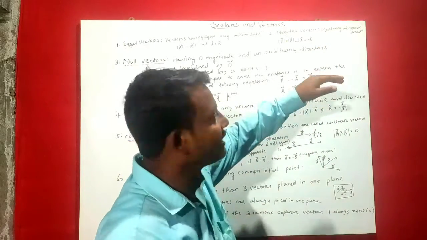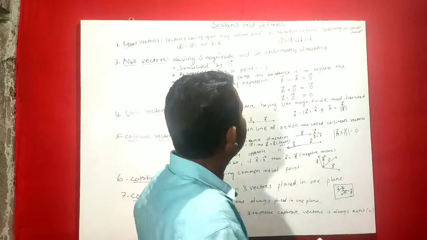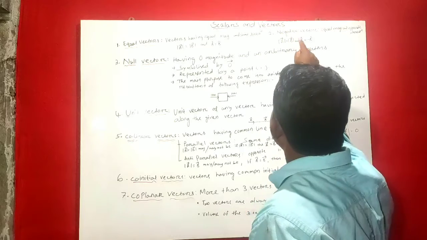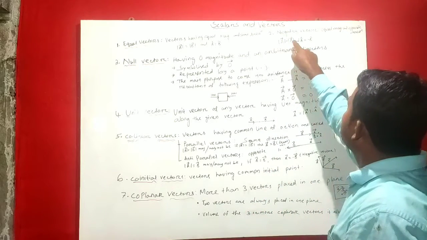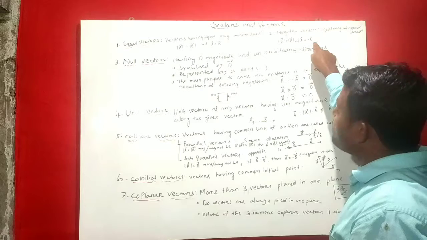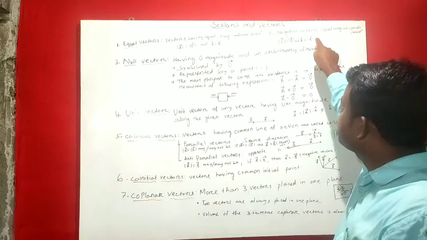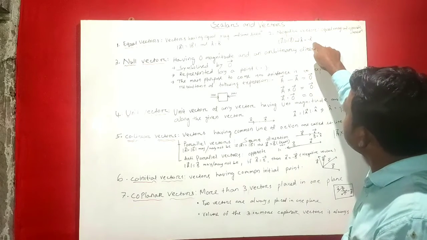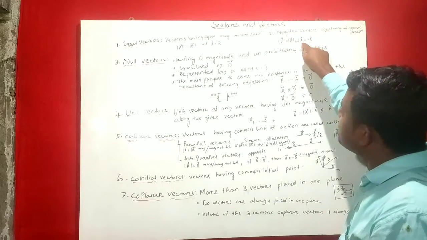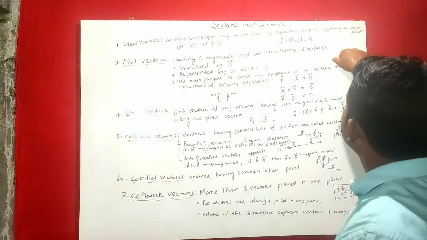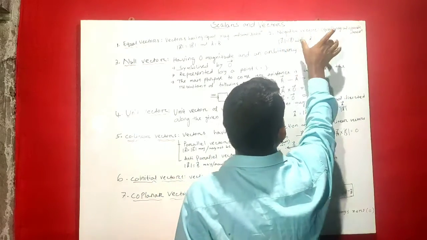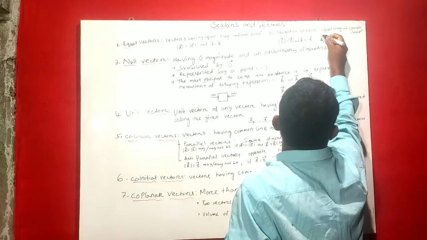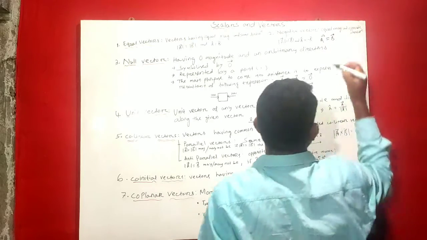If we symbolize, the magnitude of A is equal to the magnitude of B and A cap is equal to minus B cap, that means the direction of B is opposite to the direction of A.